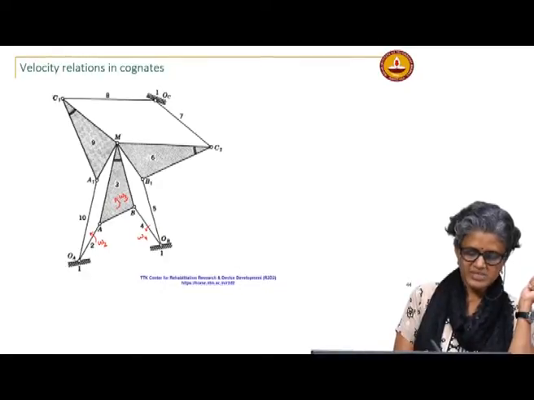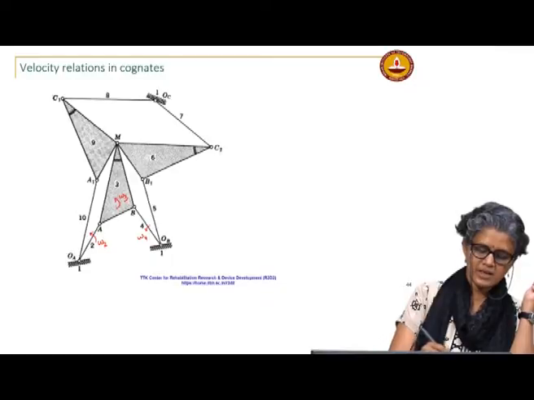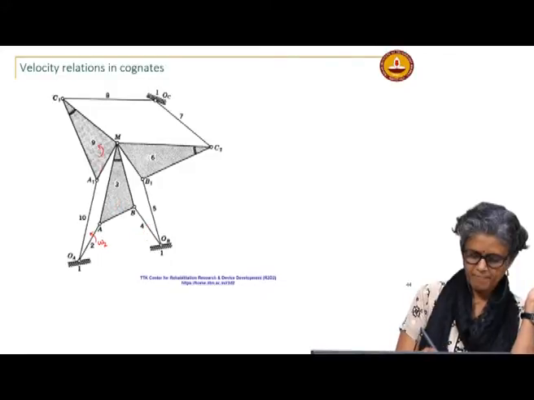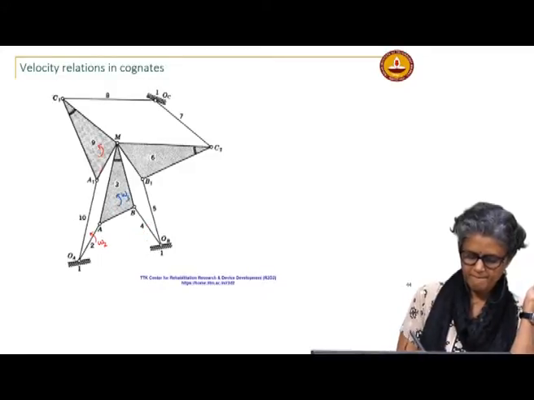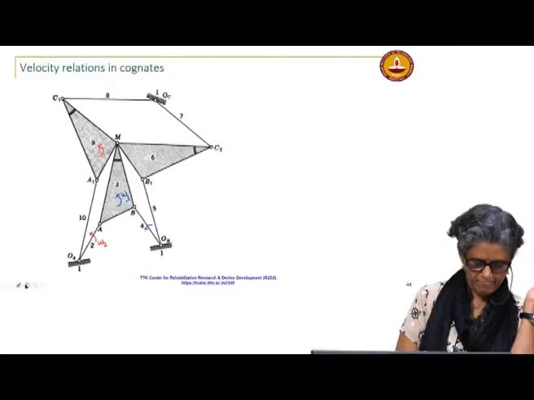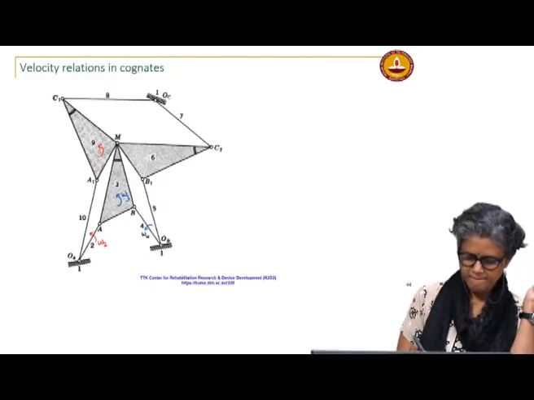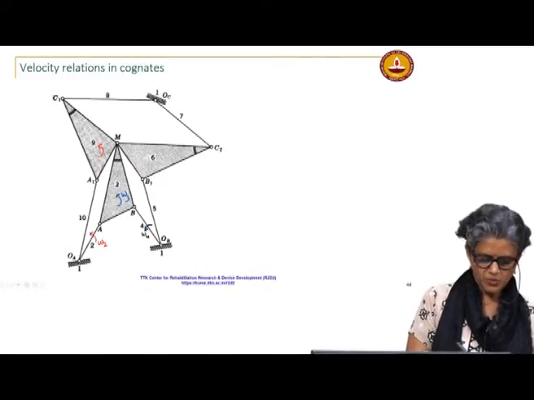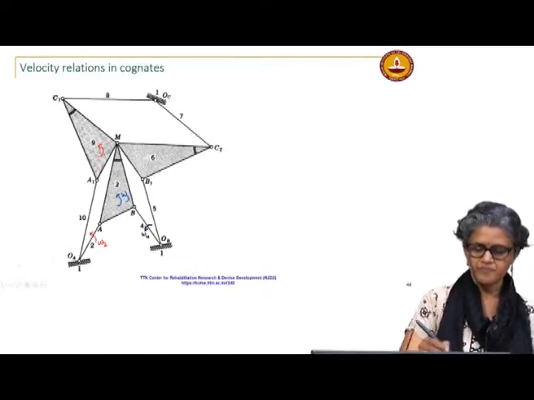So, if 2 has velocity omega 2, then A1M, which is a part of 9, will also have the same, so omega 2 will be the same as omega 9.